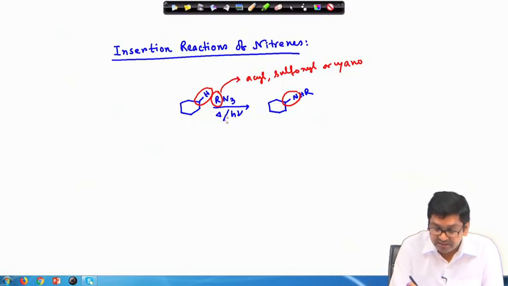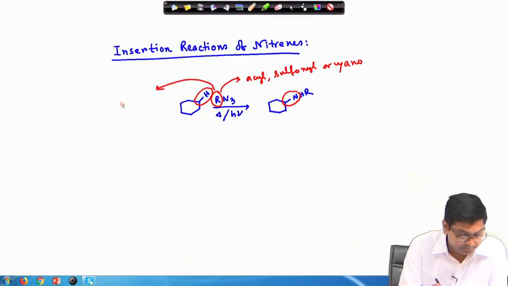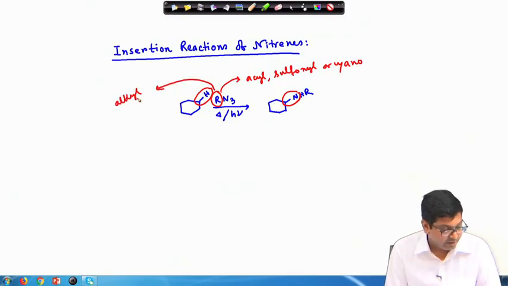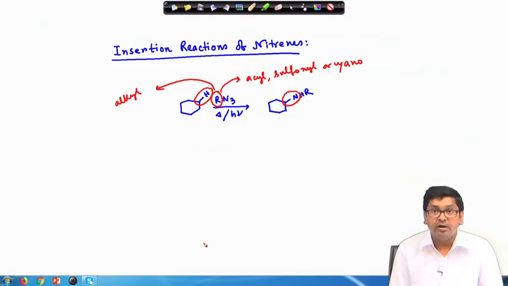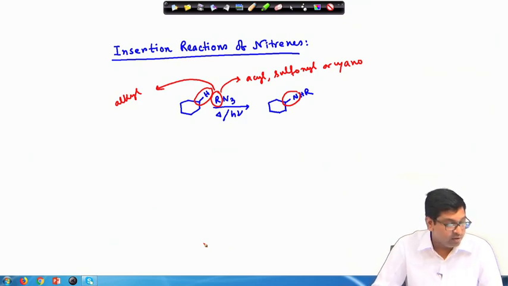However, when this is an alkyl group, there are a lot of side products due to the 1,2 hydrogen shift. So the overall yield of the desired product will be very poor.